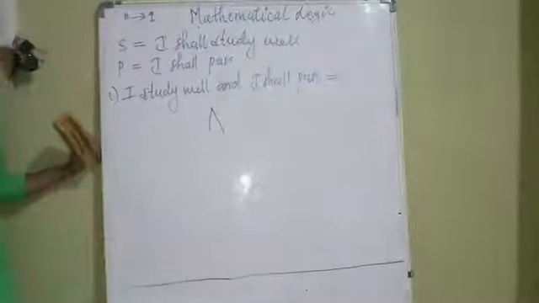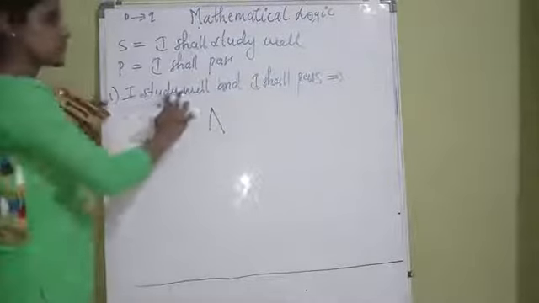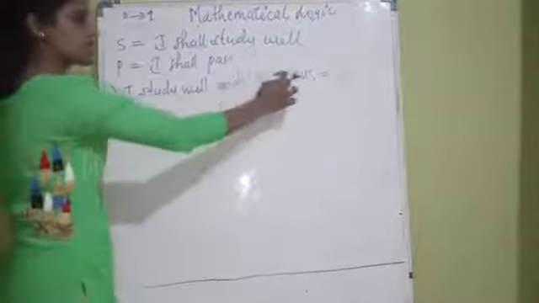So symbolically how can we write this? And means conjunction, and the symbol of the conjunction is this. So I shall study well and I shall pass.